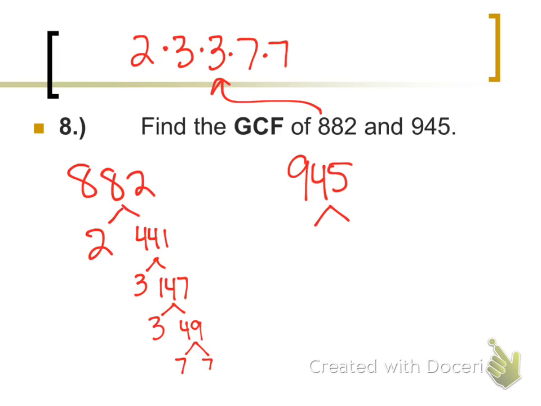Now we need to break down 945. What is something I could divide 945 by? 3. Okay, 3 times what? 315. I agree with you there. Then we can break down 315. What's something we could divide 315 by? 5. 5 times what? 63. Sounds good to me. All right, we're down to 63.